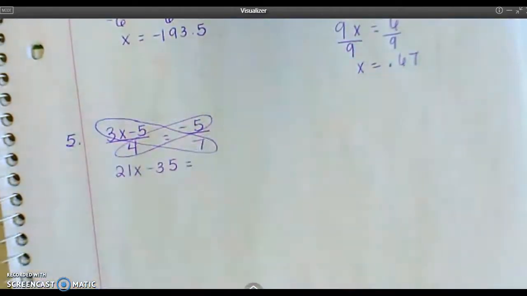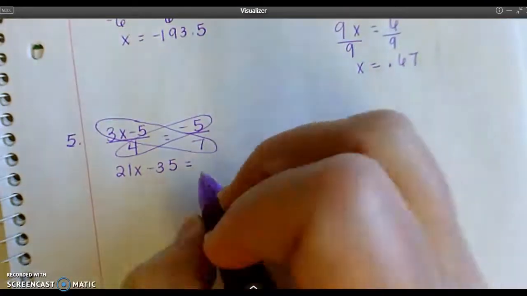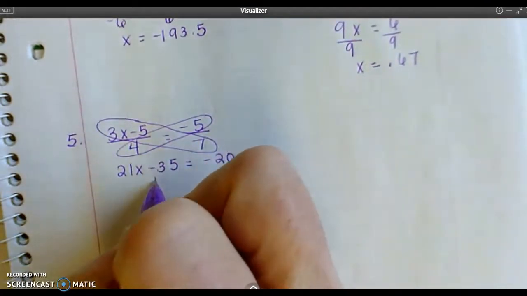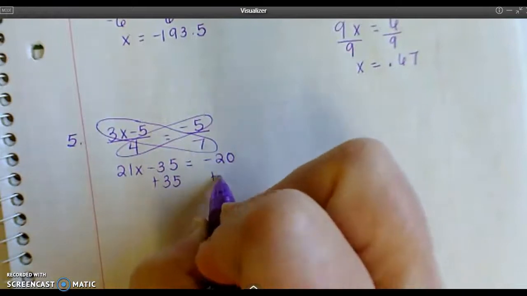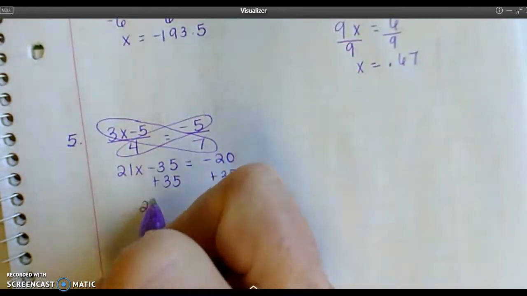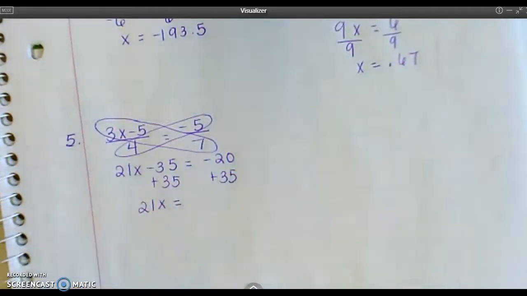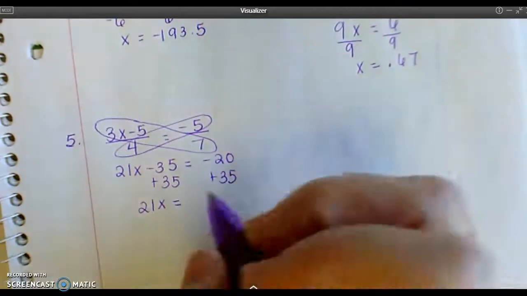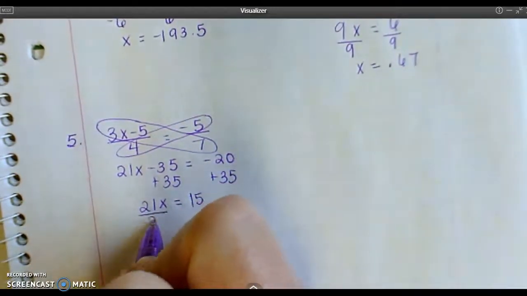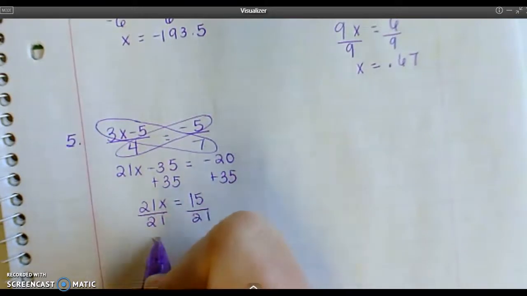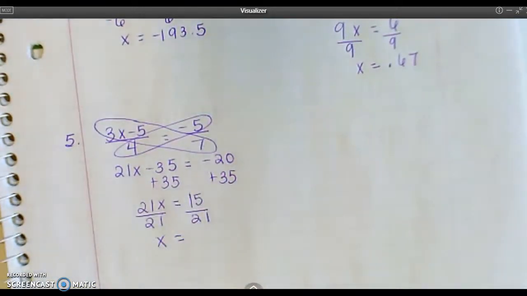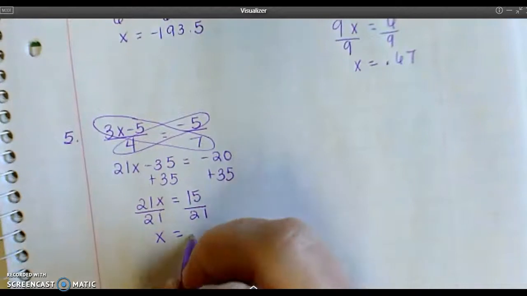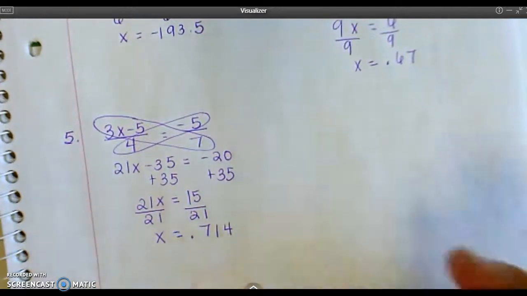Negative 5 times 4. Okay, we're going to add 35 on both sides. And you're going to divide by 21. You won't always get decimals, but a lot of these do have decimals, so it's okay to see that.